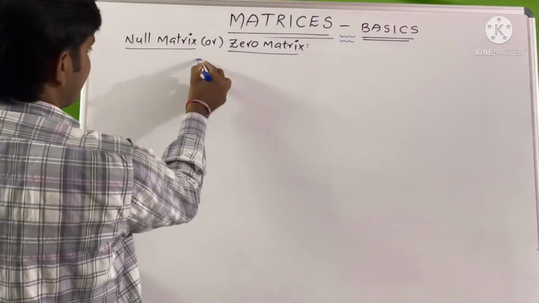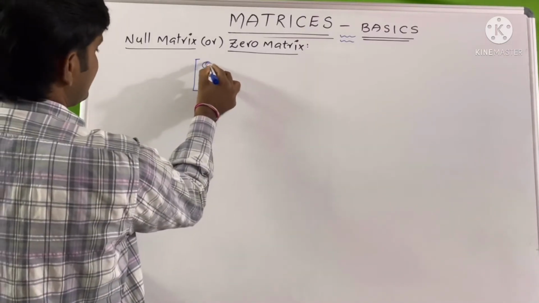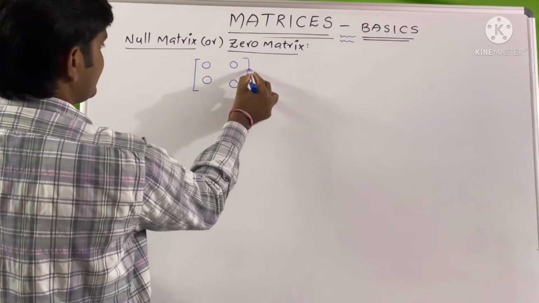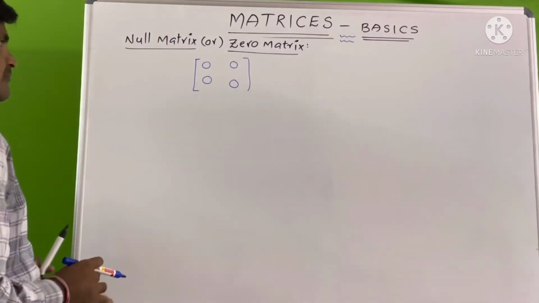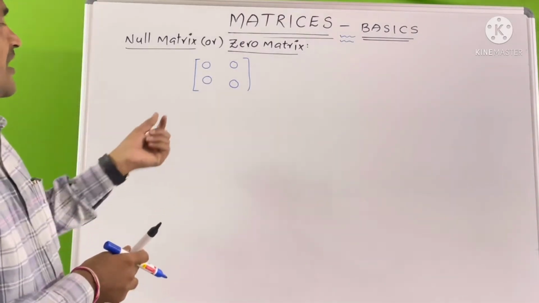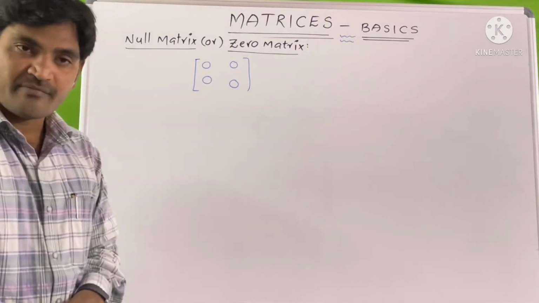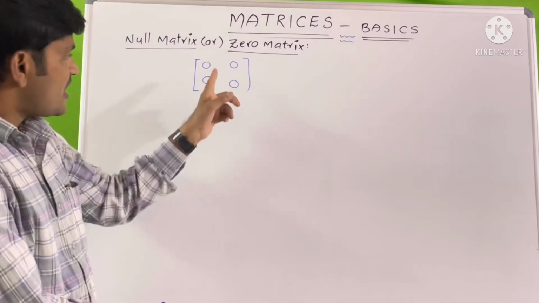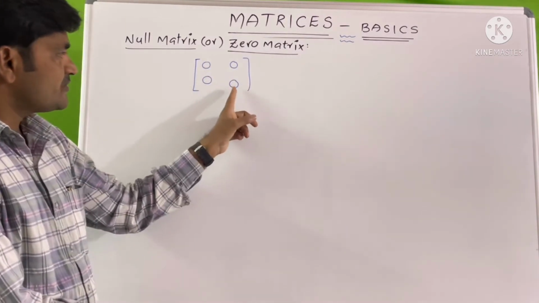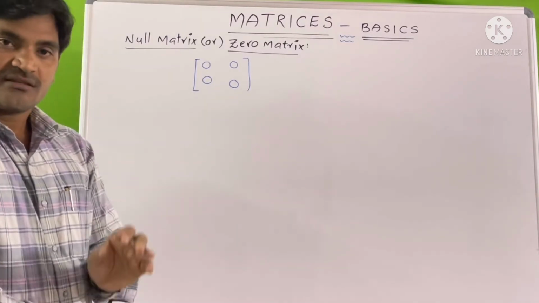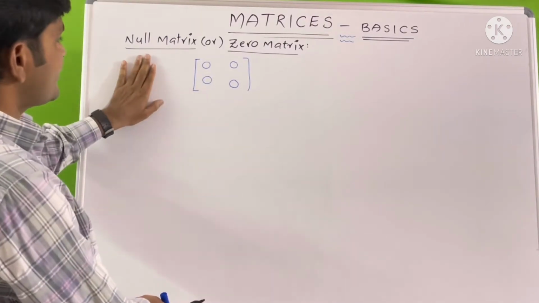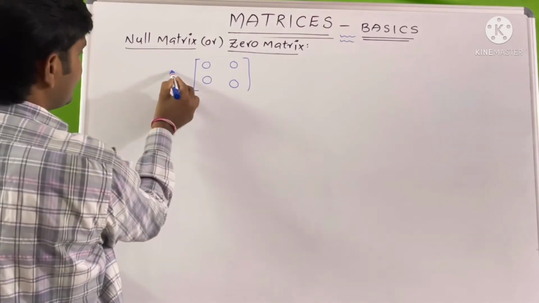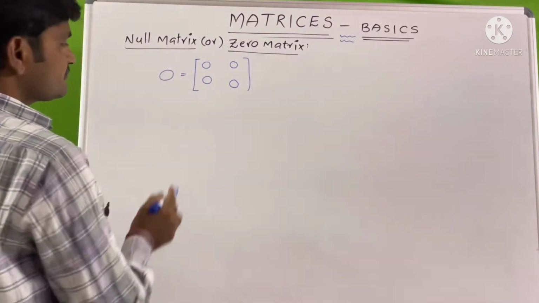First of all, I am giving an example: 0 0 0 0. This is an example of a null matrix or zero matrix. How do we define this matrix? Simply, in a matrix, all elements are equal to 0. Then that is called a null matrix or zero matrix. It is denoted by O.